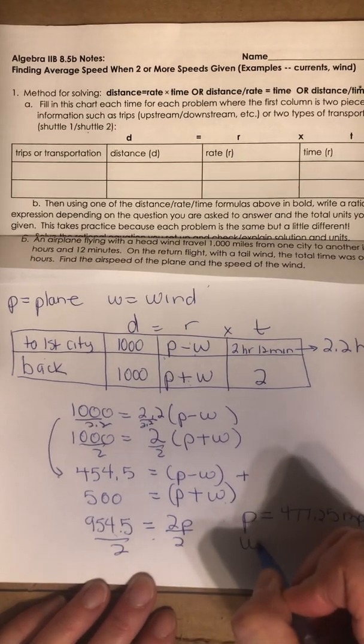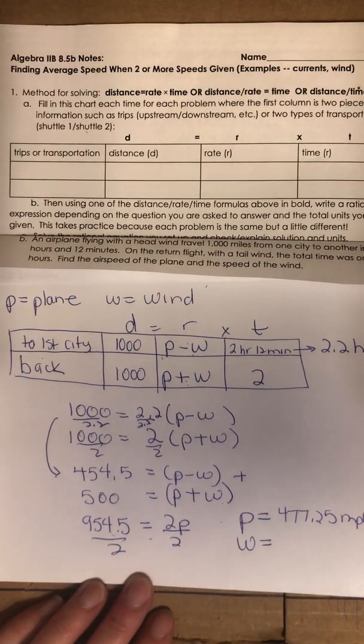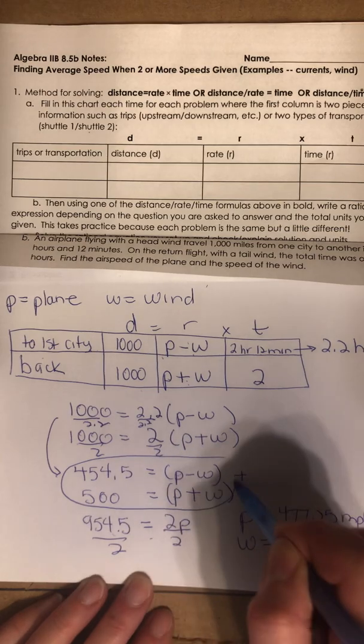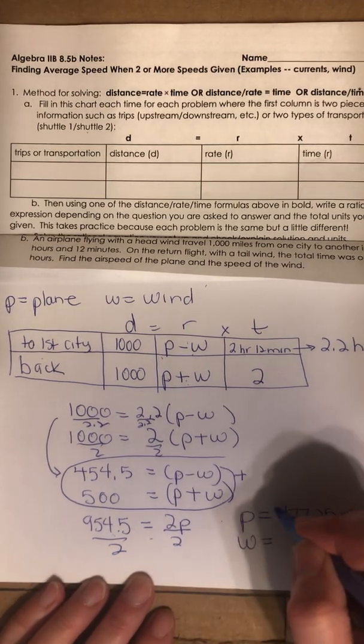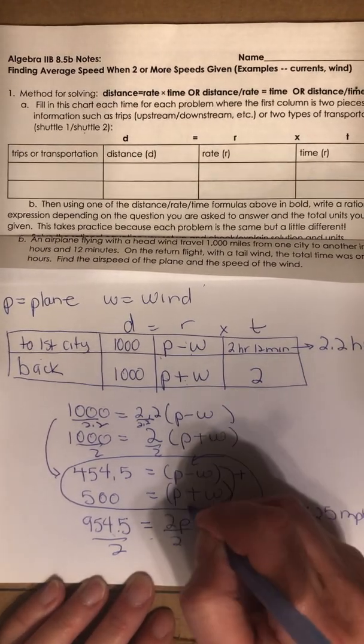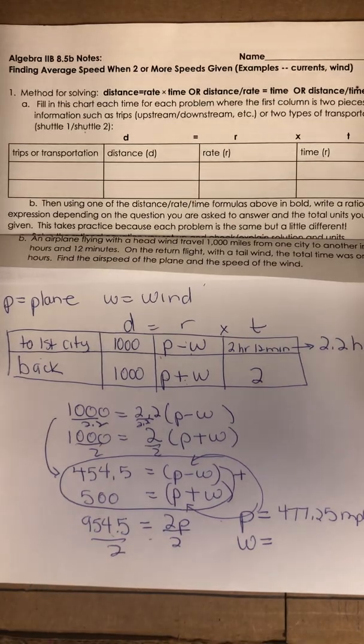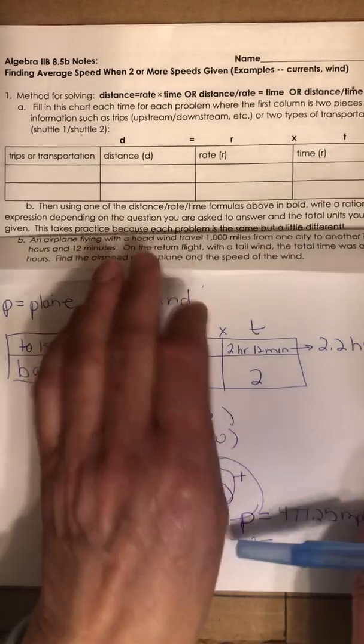Wow, that's fast. And I'm assuming that you could take either one of the equations here and put the P in to solve for the W. All right, our next problem, let's take a look.